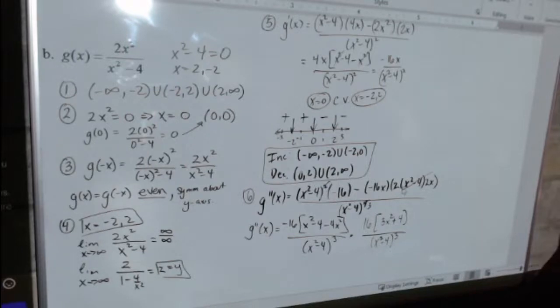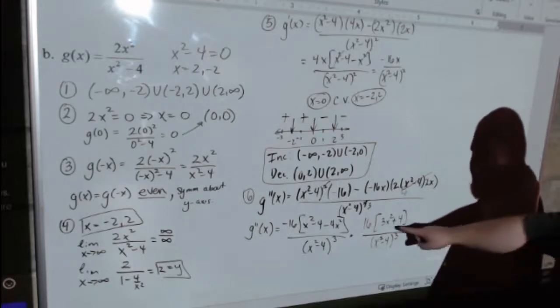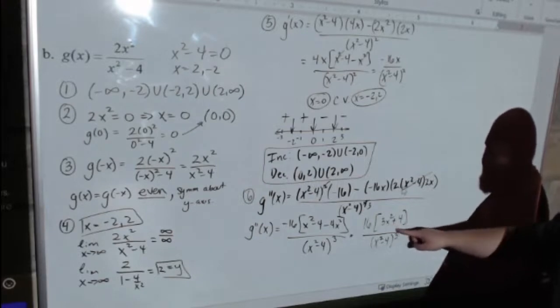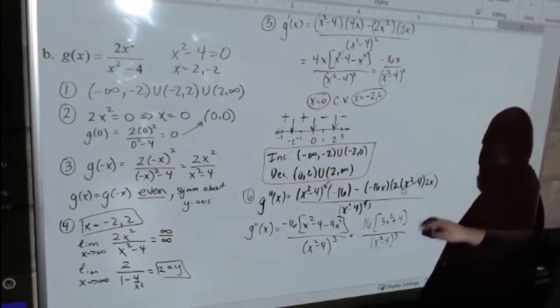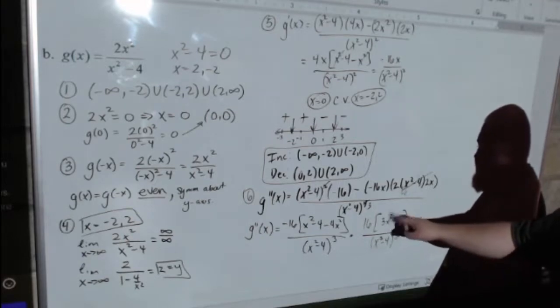We also have to find any points that make this 0 in the numerator or undefined, so 0 in the denominator. You'll find that the numerator is troublesome. If I set this to 0, move the 4 over, I get negative 4. And then I'm going to try to take a square root.